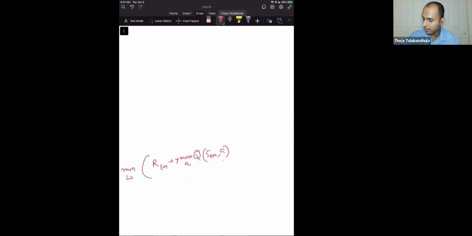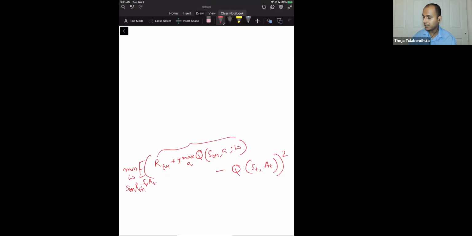Given the parameter W, minus Q of S_t and A_t, and you do the whole square, with expectation with respect to S, A and all the randomness in S_t+1 and R_t+1, and S_t, A_t. So what changed from the previous slides is just that the reference changed to something that we can get during the agent's interaction with the environment.